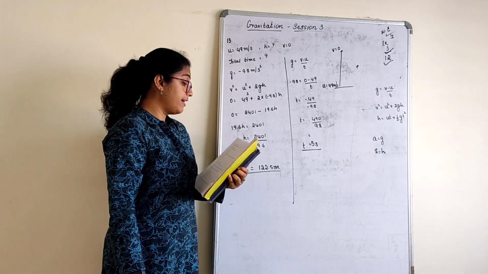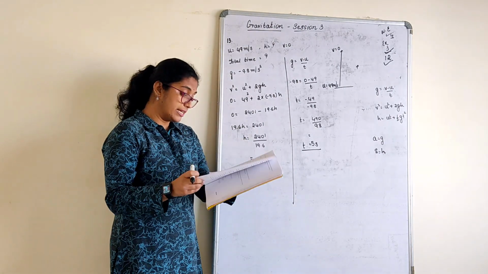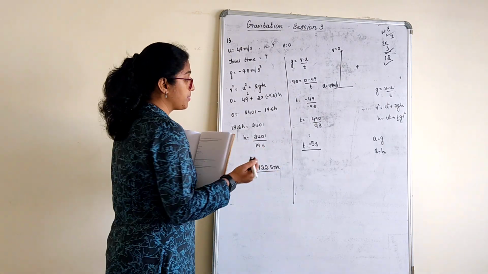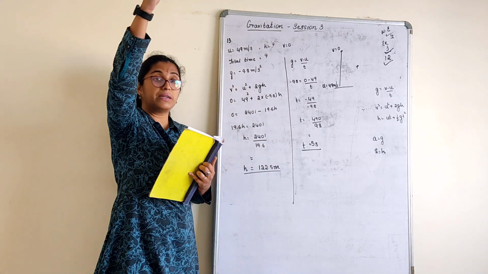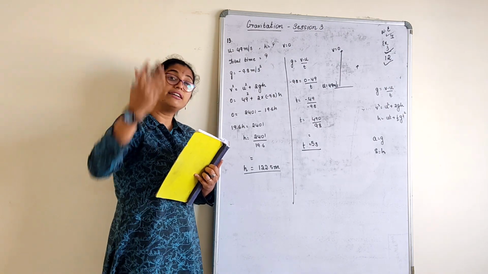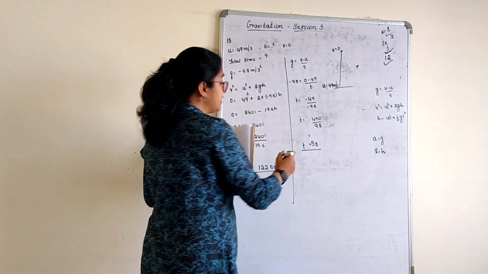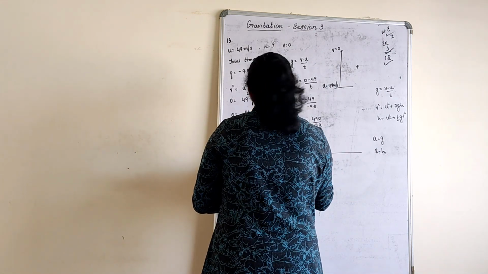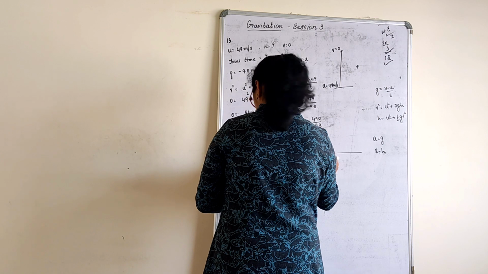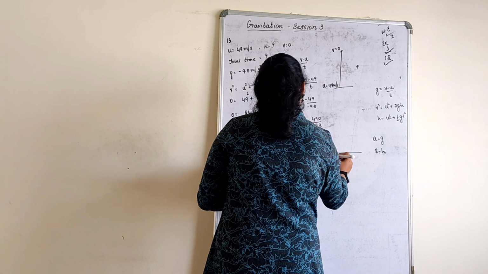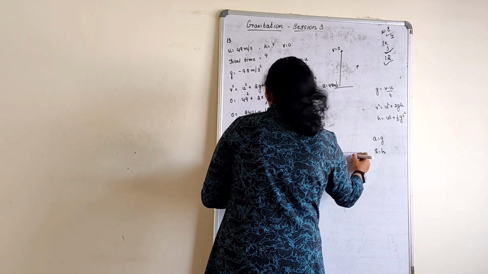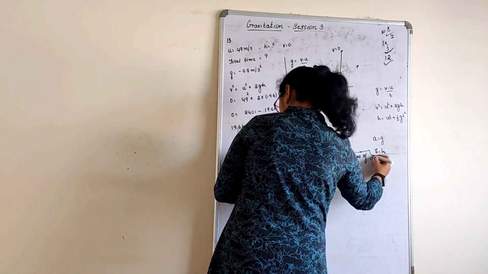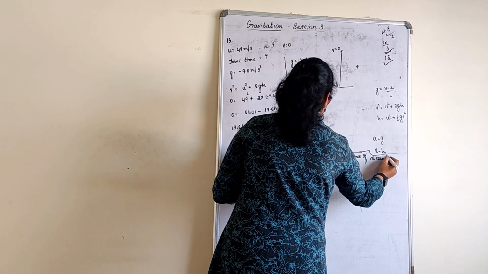Read the question, the last part again. Total time it takes to return to the surface of the earth. So the ball will reach the particular height in 5 seconds. It has to also come down. So in such a condition, we always consider that time of ascent is equal to time of descent.